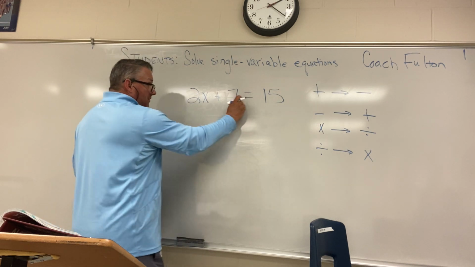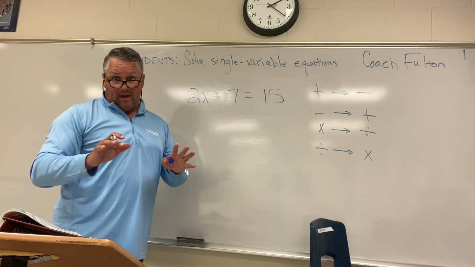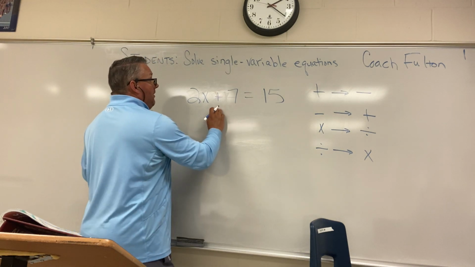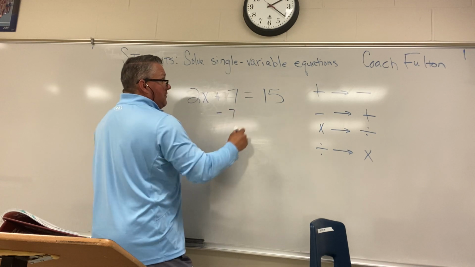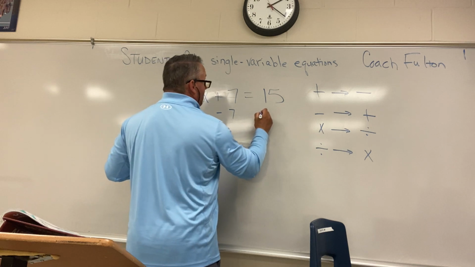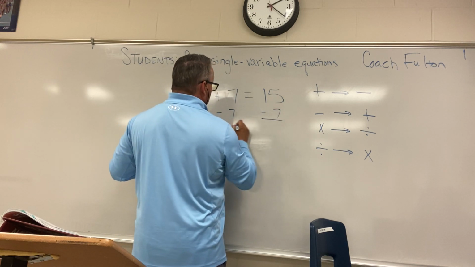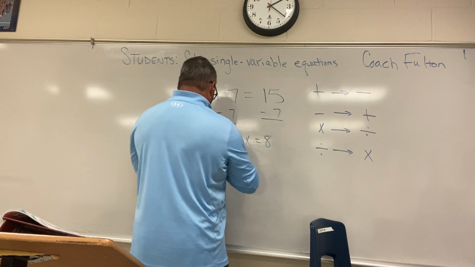So anytime you cross the equal sign, we know the sign changes. That's a principle of math that we have to follow. The plus goes across the equal sign, makes it a minus, right? If we go up here, plus became a minus when it crosses the equal sign. So we're left with 2x equals 8.